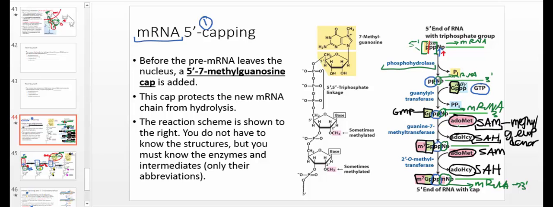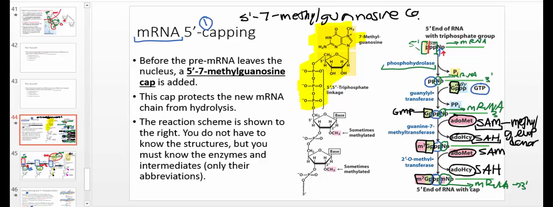So what do you call this business in general? So let me highlight all this. All of this right here, all of this that I'm highlighting, this has a name. And actually, I name it right here, but let me write it so you can see it. This is the 5' 7-methyl guanosine cap.